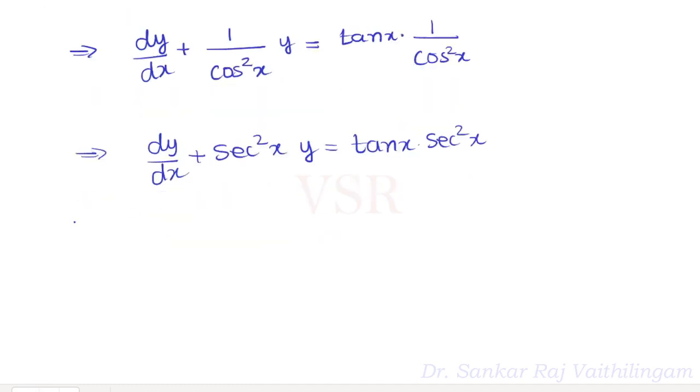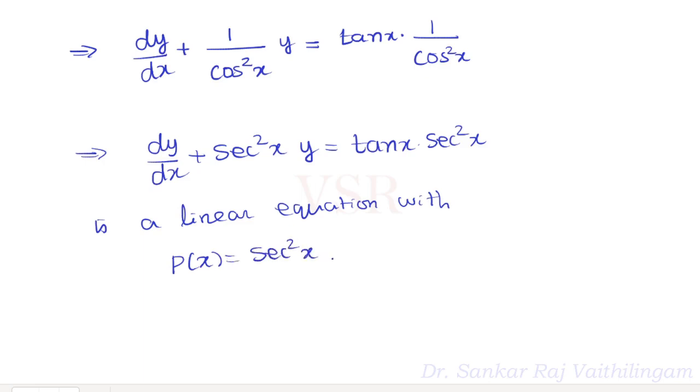So this is a linear equation with p of x equal to secant square x and q of x equal to tan x into secant square x.